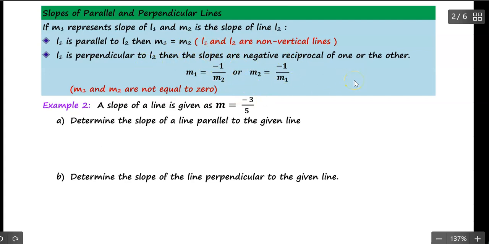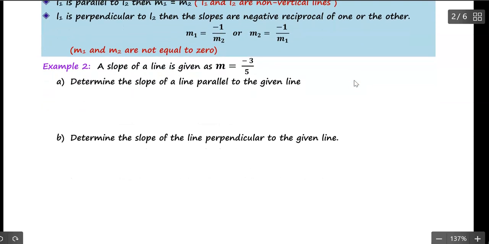For this example, the slope of the line is given as m equal to -3 over 5. You see that I identify the negative 3 with the rise and the 5 is for the run.